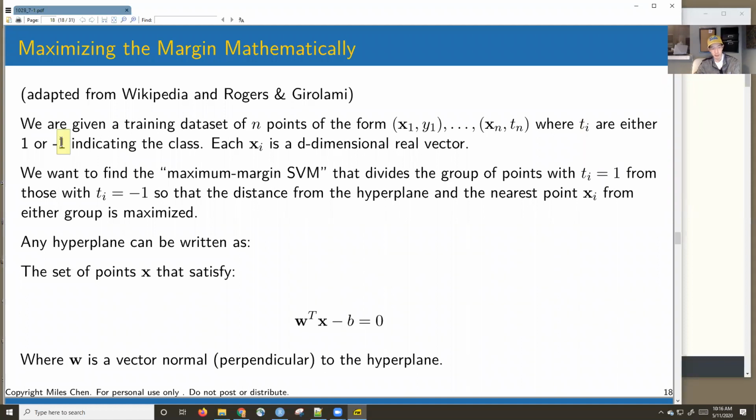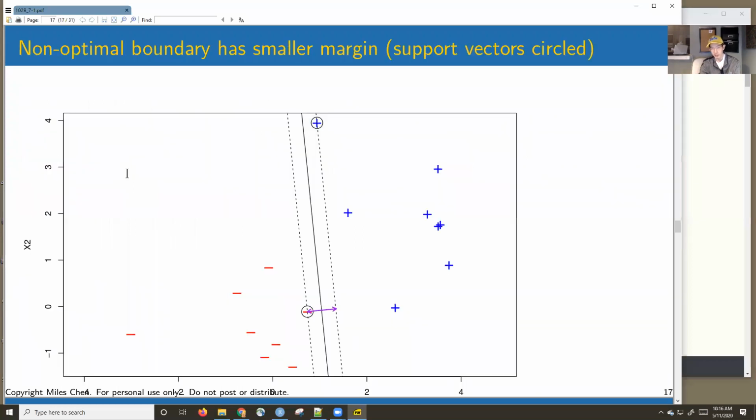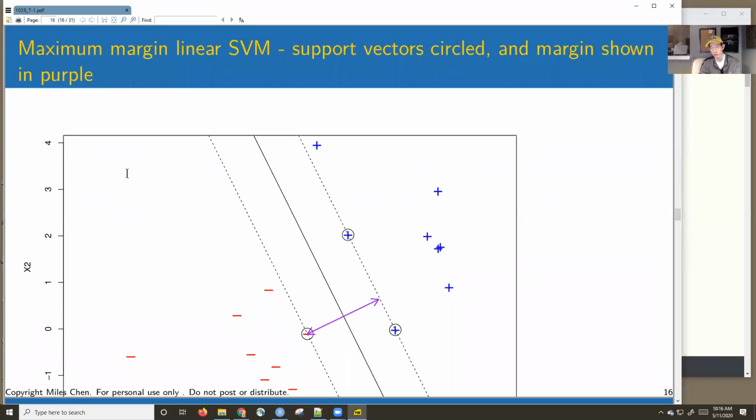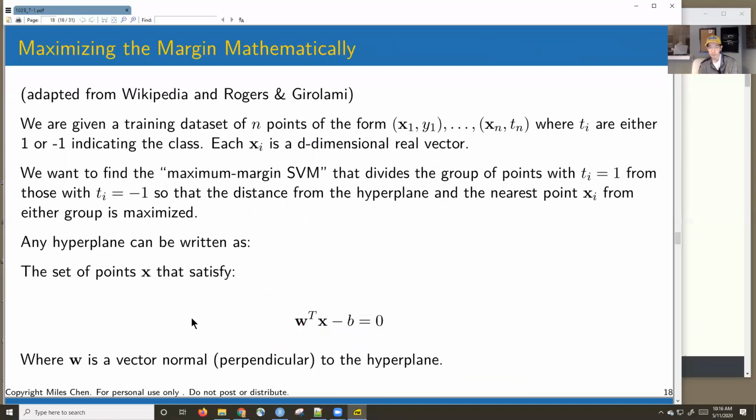Note that we denote the classes as either +1 or -1, rather than, like in logistic regression, where you often would denote the class labels as 0 or 1. Here we're going to label them either +1 on this side or -1 on this side. And each of these x vectors is going to be d-dimensional.